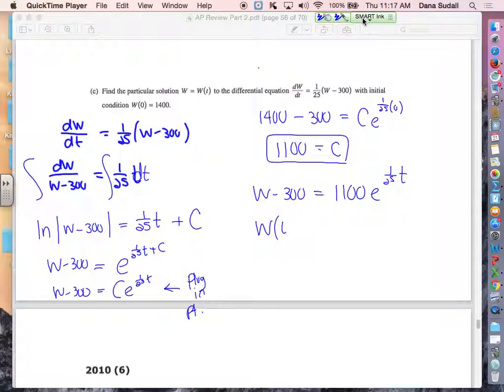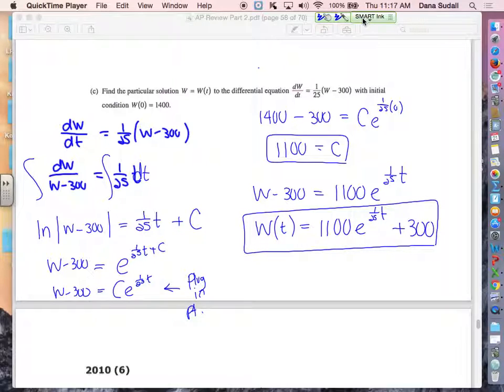You can write W or W of t if you want to put the variable in there. And 300 could go first or last, it doesn't matter. All right, so again, 5 points for that one. Separating the variables, integrating, the plus c value in there, coming up with the c value, and then the final answer for that piece.